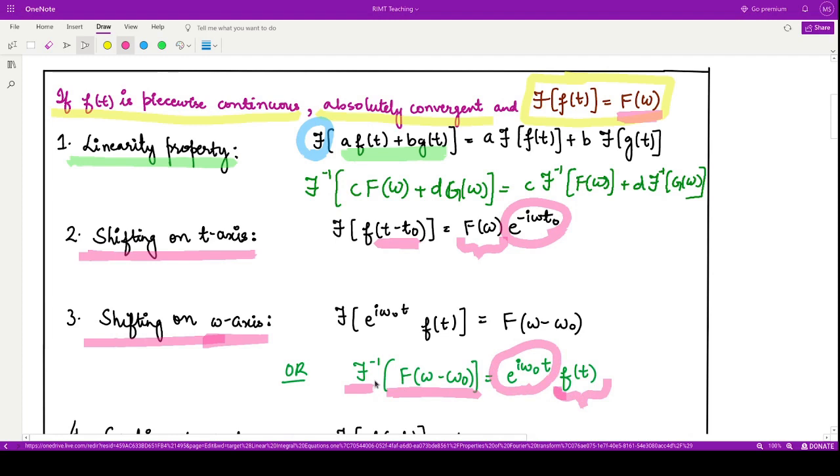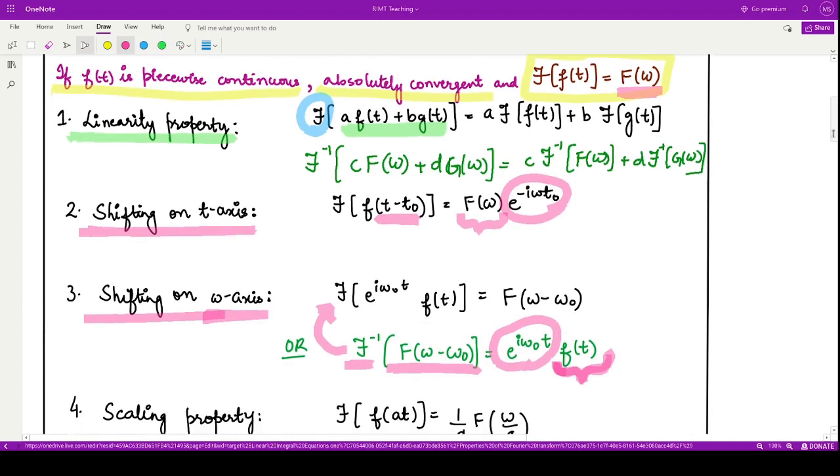Otherwise, if you calculate this Fourier inverse of capital F of omega, it would be nothing but this function f of t. So I think you got this understanding of what we are trying to do over here. You can also write this property in the reverse sense. That means you could shift this operator here, so you'll have something like this.